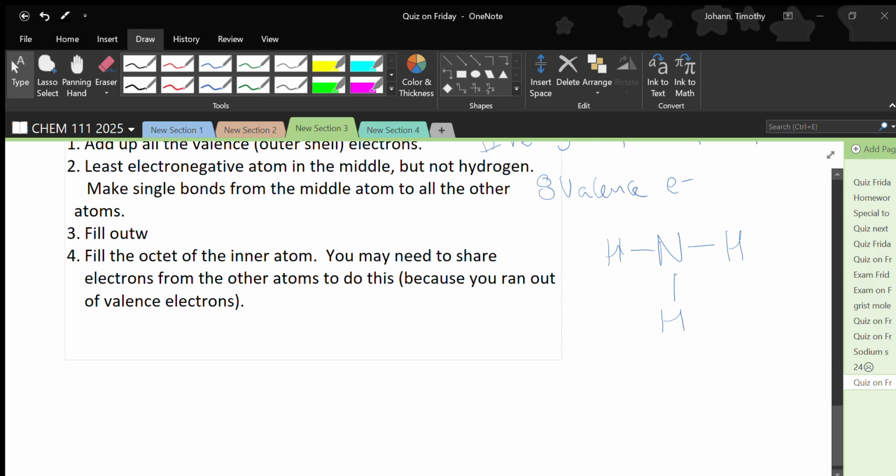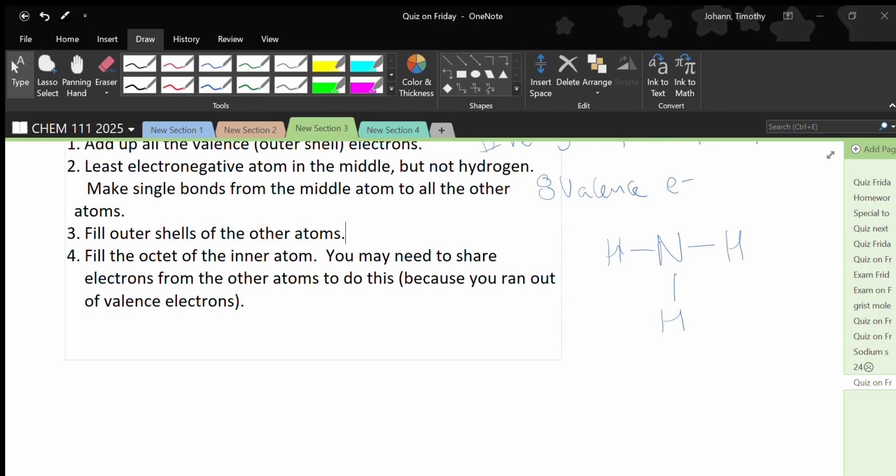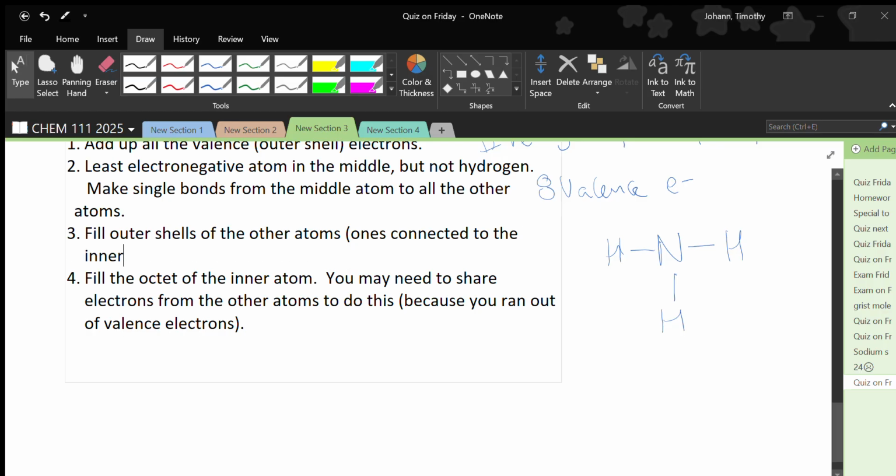Fill outer shells of the other atoms, the ones that aren't the middle atom, the ones connected to the inner atom.